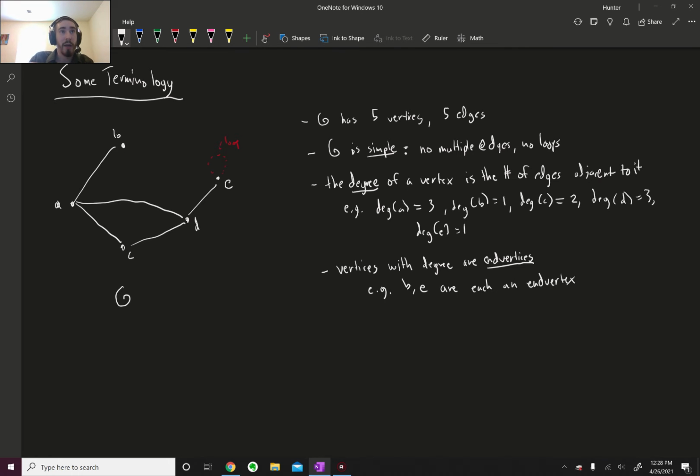We also talked about moving from one vertex to another in that Königsberg problem, and we call that a walk in our graph. The easiest way to think about a walk is just we're going to list vertices and edges in order, maybe in order of traversal.